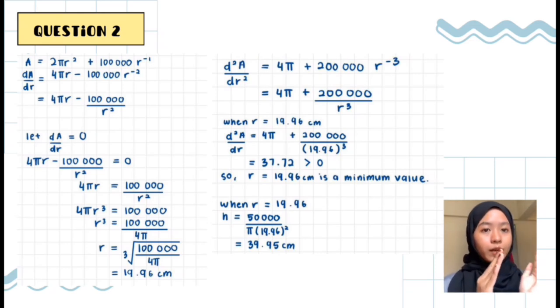So when r is 19.96, we substitute r into the second derivative equation. We get 37.72, which is bigger than 0. So r = 19.96 cm is a minimum value, because it is bigger than 0.